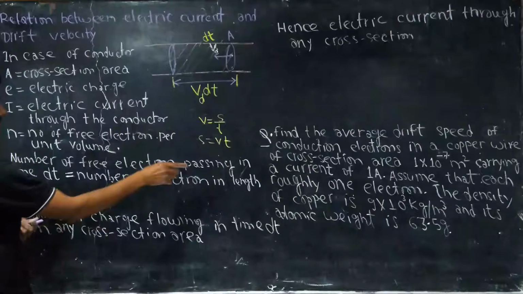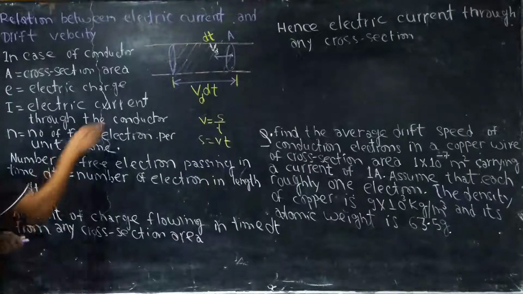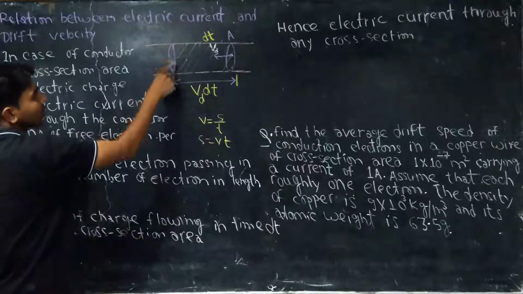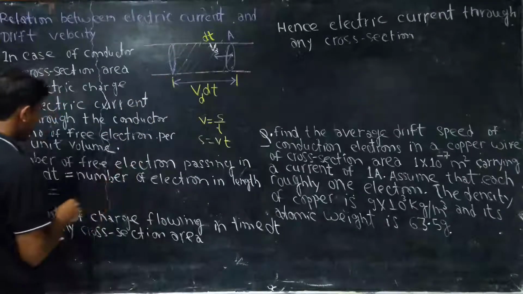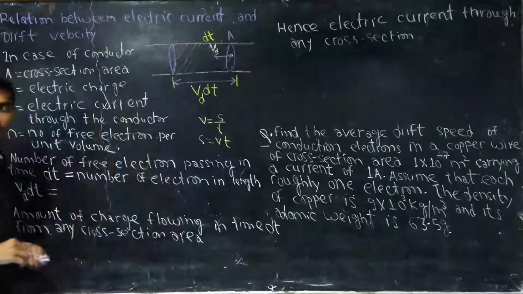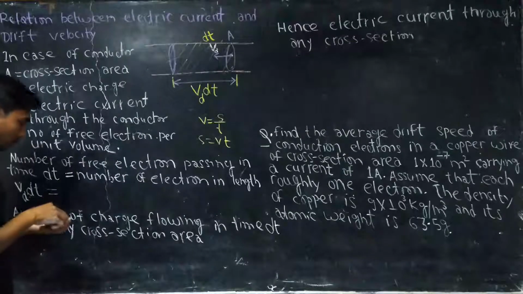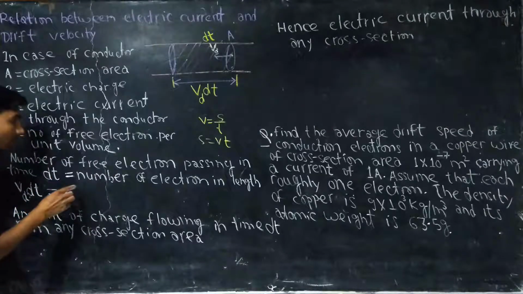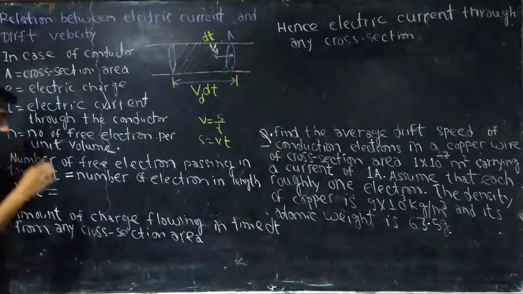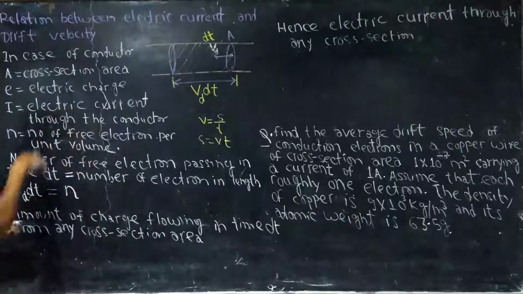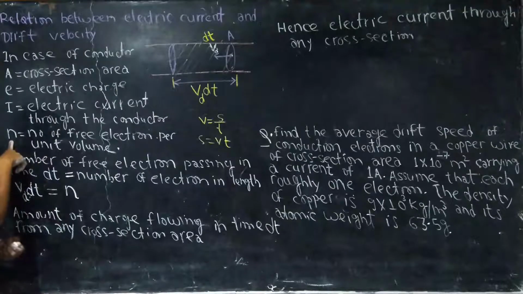So the number of electrons passing this area in dt time is how much? The number of electrons in length vd dt, okay? You know the number of electrons per unit volume is n.